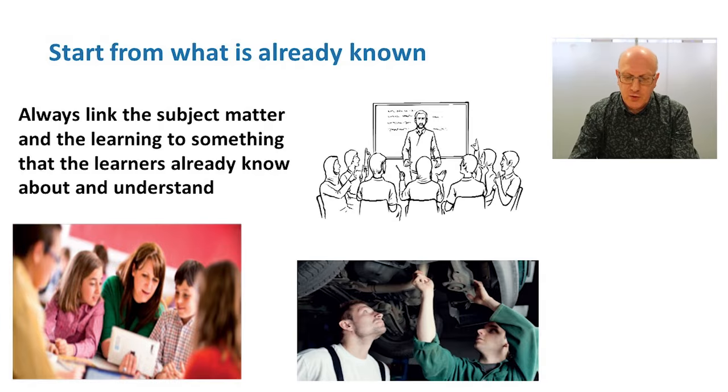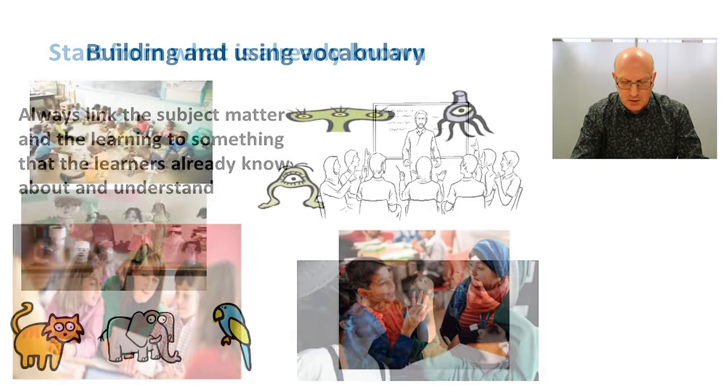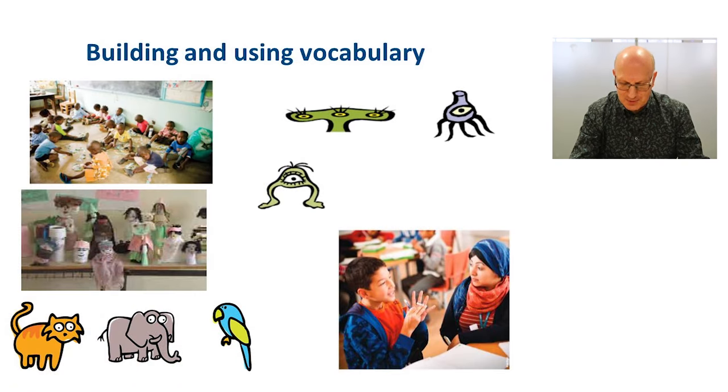Now, let me give you an example of how this might work in the English classroom, as a little activity. You'll see in this next image there are a lot of animals and body parts and all sorts here. This activity is called monsters. Let's say you have had a lesson on parts of the body, which might be in most course books, and you might want to build and reinforce the vocabulary.